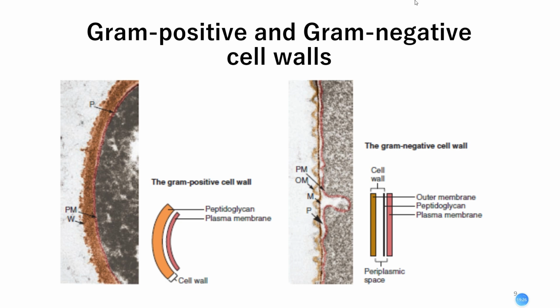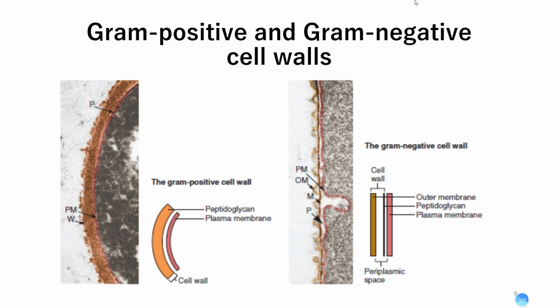But outside the membrane, here is the membrane, thin layer of membrane. You can find a layer of material which is hard, which is rigid, like the brown layer. This is the gram-positive bacteria. And this layer is peptidoglycan.